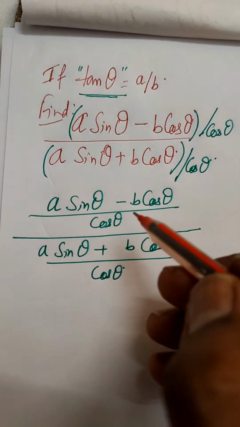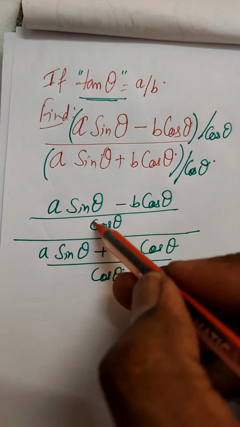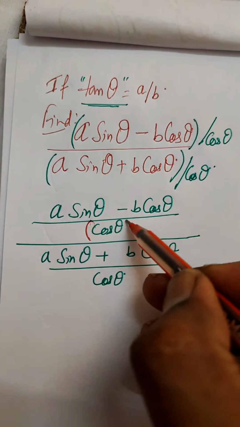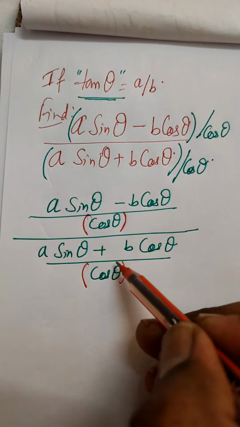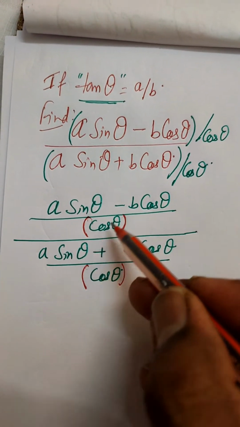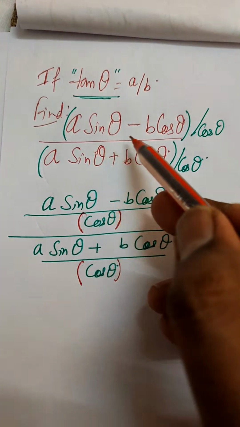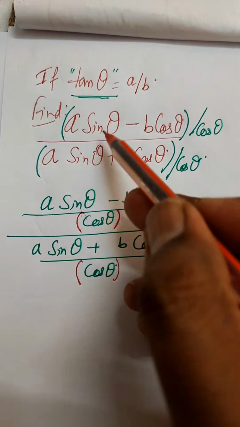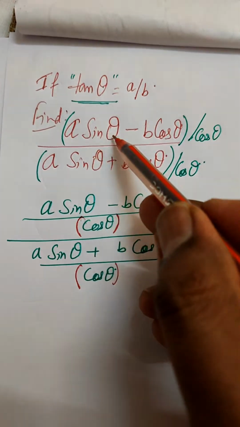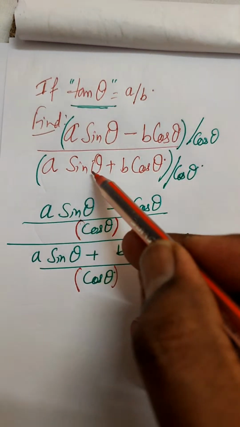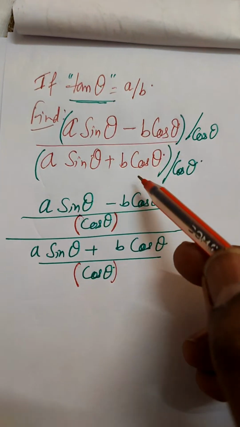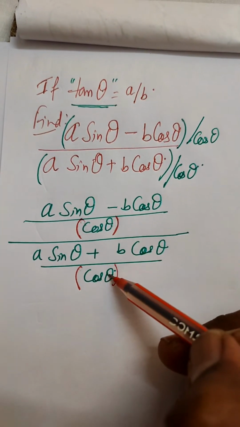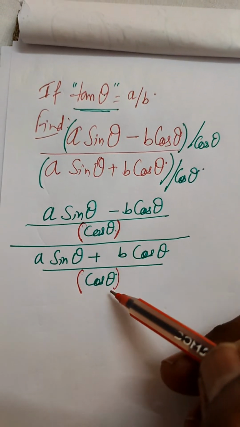And you can see this cos theta is inserted, right? So that's why you can see this can be cancelled out. So effectively our given ratio will be the same, that is a sine theta minus b cos theta by a sine theta plus b cos theta.